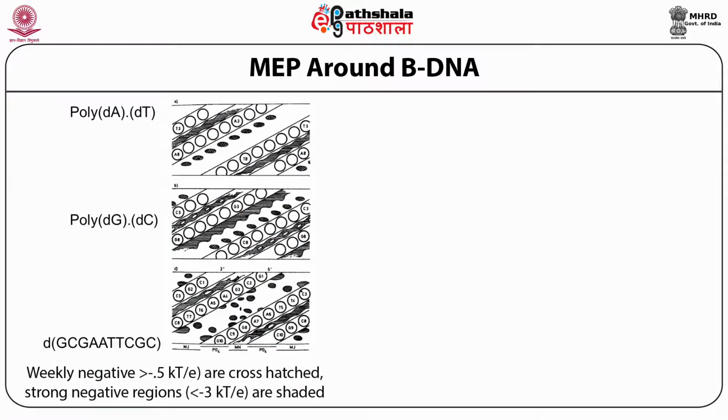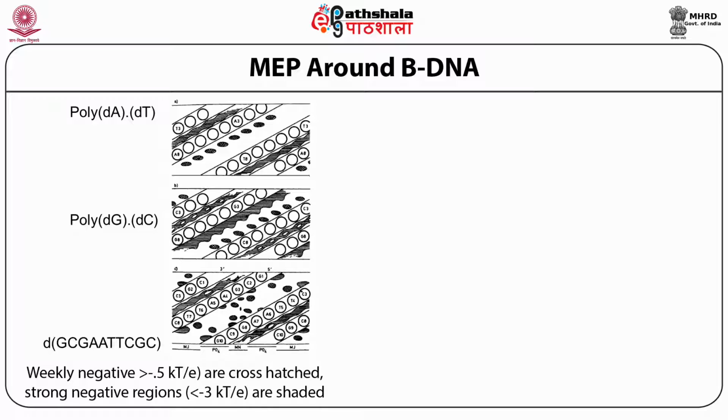We show in this picture the molecular electrostatic potential map around B-DNA in 3 different sequences. First is poly-dA-dT, second is poly-dG-dC, and third is GC-GAA-TT-CGC.